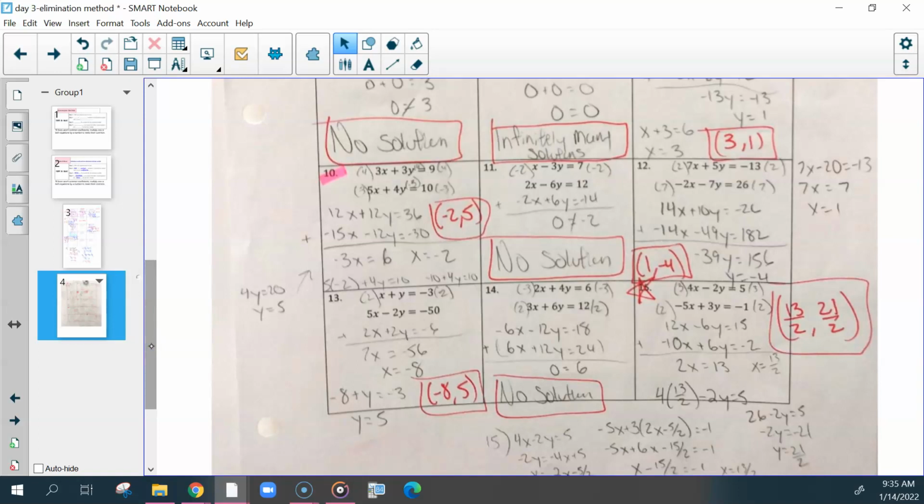And 15 was the other one with fractions: 13 halves or 6.5, and 21 halves, or 11.5. Do you have questions on any of those, or need to see any of those worked out?